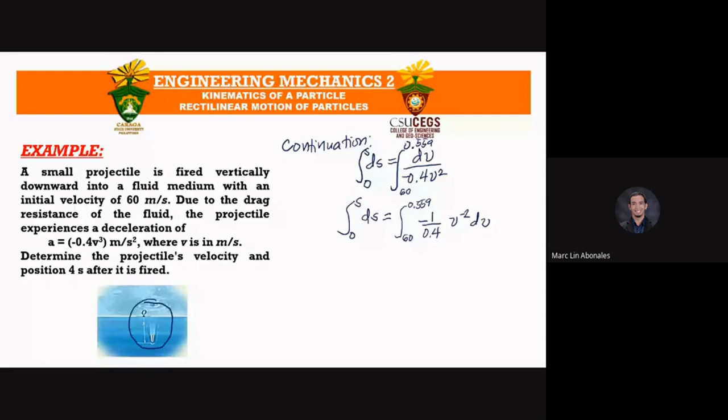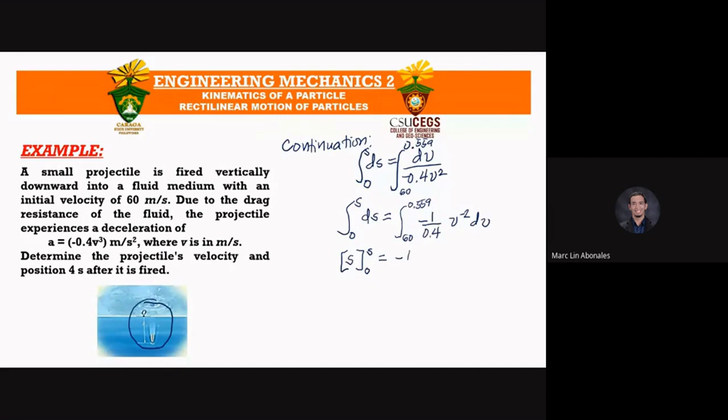On the left side, the integral of ds is s, so that would be s from 0 to s. On the right side, since negative 1 over 0.4 is a constant, you can just take it out because it is a constant.